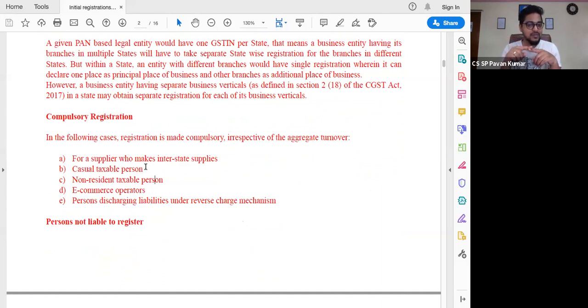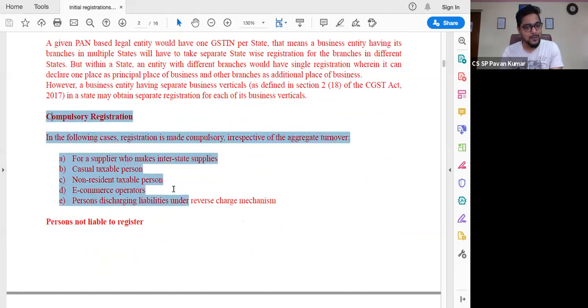If I do interstate supply, if I'm a casual taxpayer, if I'm a non-resident taxable person, if I am doing online trading, and reverse charge mechanism. In all these cases it is compulsory. You would have studied all this in your tax class, where GST would be just an idea. In this subject, we'll just be saying, yes, GST is required to be taken.